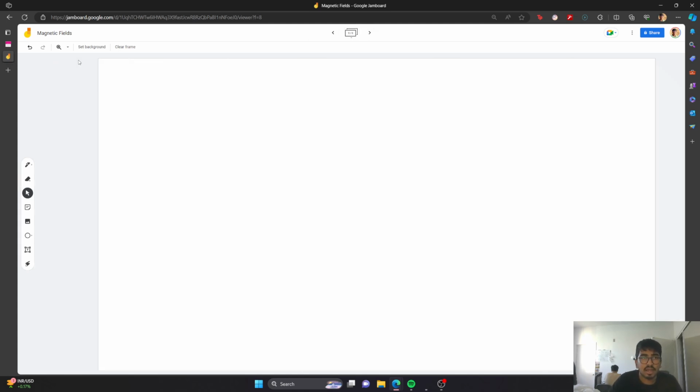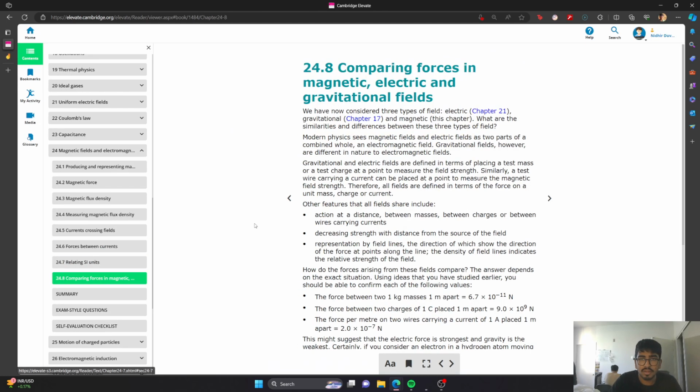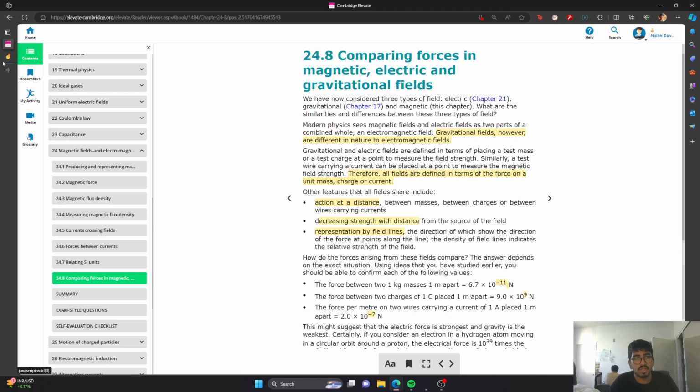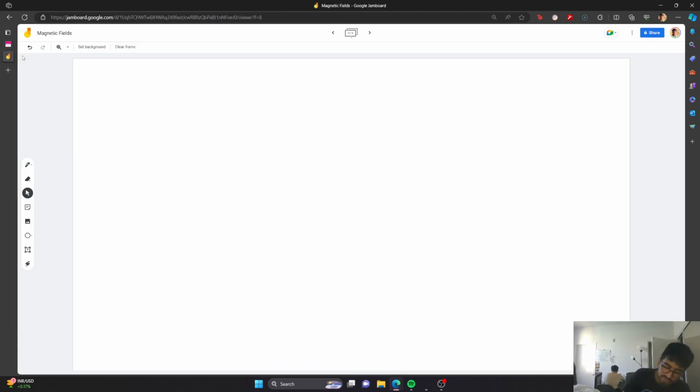Okay, and the last idea that I want to talk about here is a comparison. At this point, we have seen three different kinds of fields: the gravitational field, the electric field, and the magnetic field.